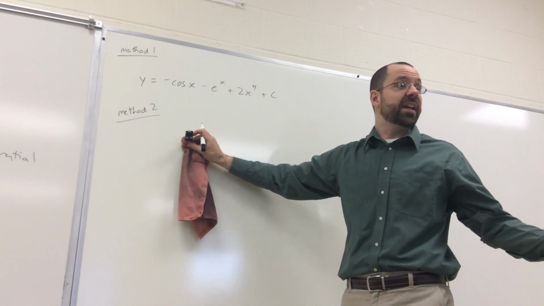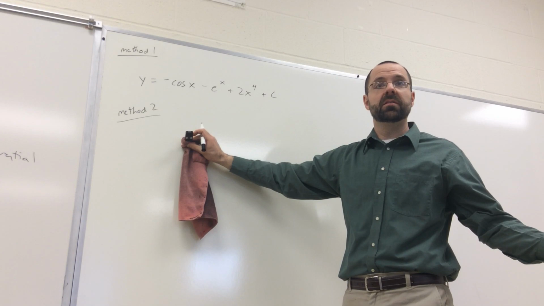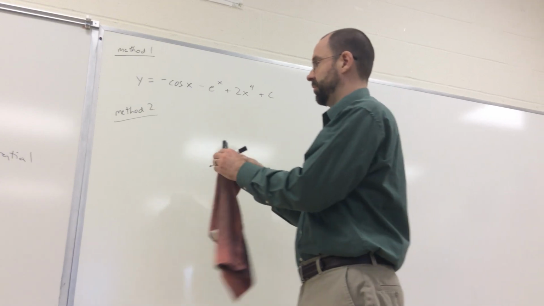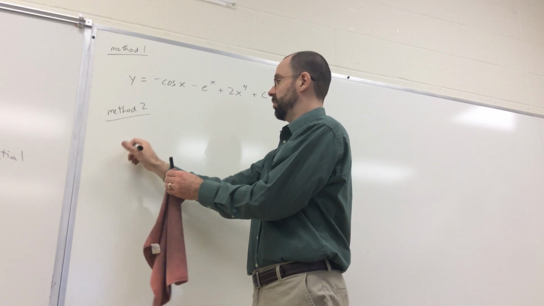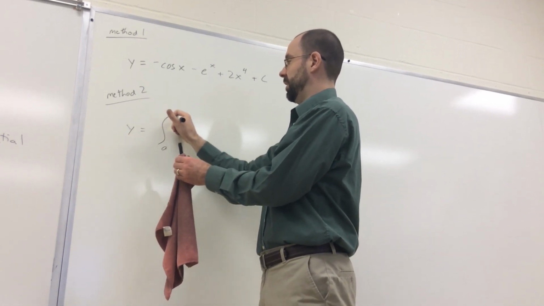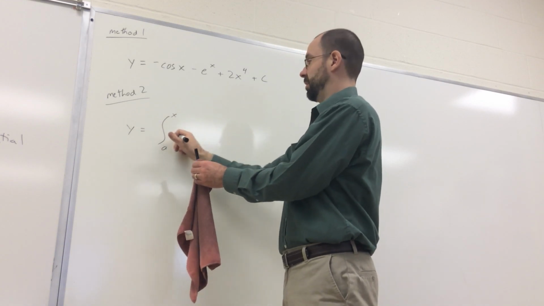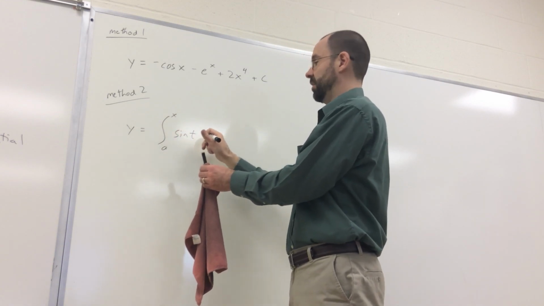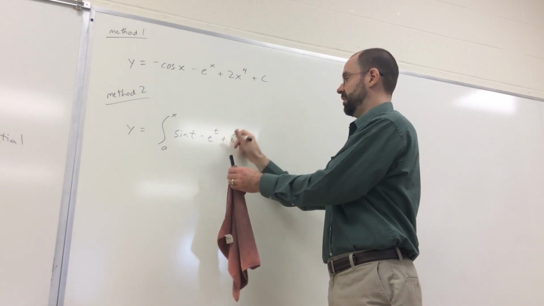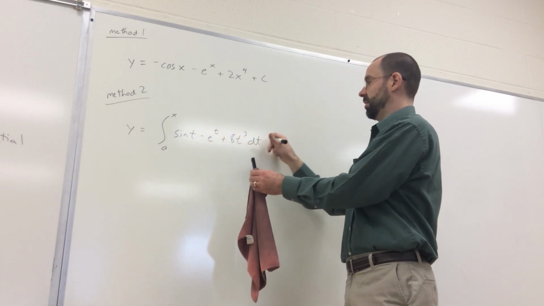And then it finds the antiderivative. That's the sly way to find the antiderivative. Okay, so if I do it that way, y equals the integral from a to x of sine of t minus e to the t plus 8t cubed dt, plus c.